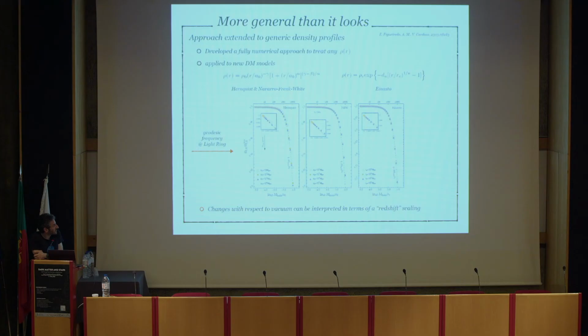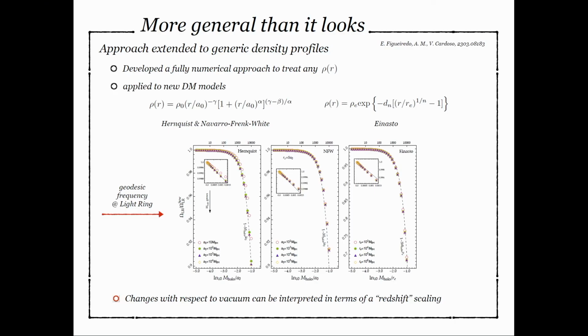And so we have this paper that came out recently in which we extended the results for the geodesic structure and the axial fluxes to different dark matter profiles. In particular, we studied the numerical Hernquist, but we also included the Navarro, Frenk and White, and this other model, which is called the Einasto model.